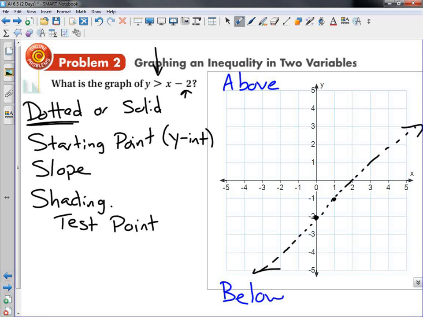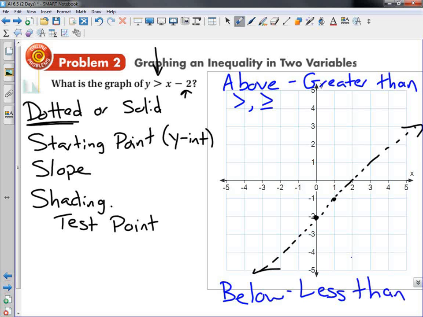It probably makes sense that above is greater than, or one of those 2 symbols. And below is a less than symbol, or one of those 2.